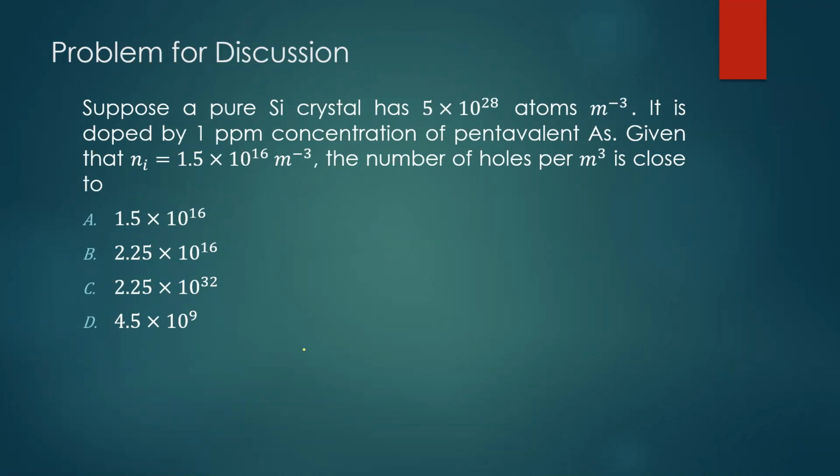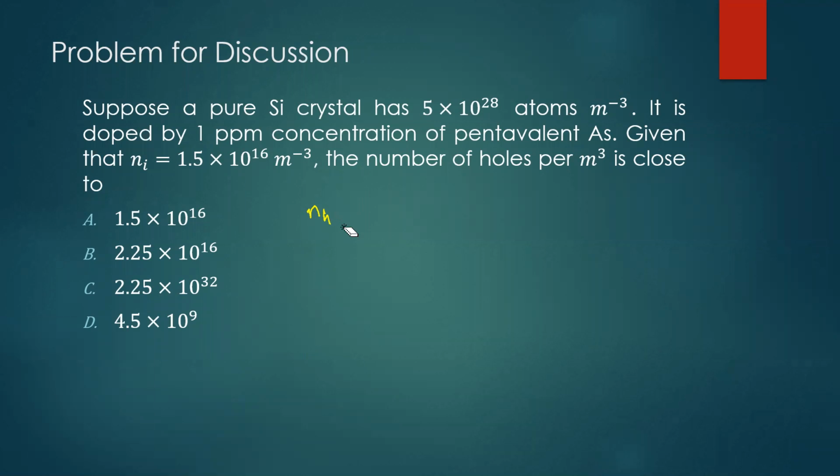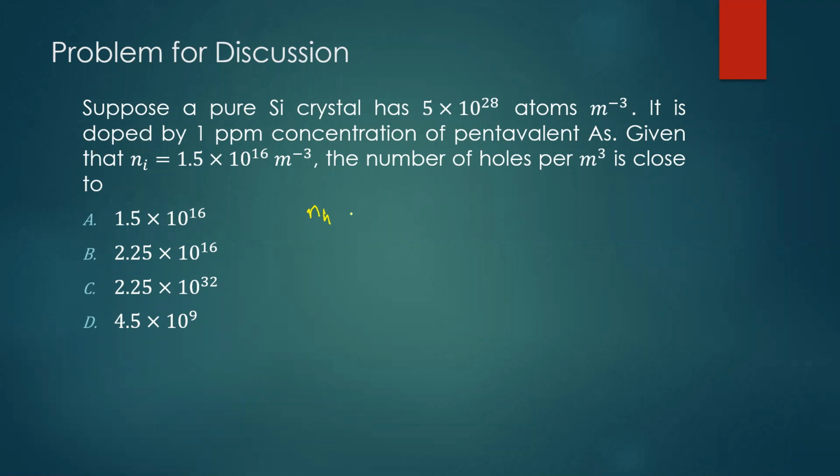Okay, so can you answer this? That's right. So here you have that result: the number of holes into the number of electrons in an extrinsic semiconductor is equal to the square of the number of free charge carriers, either holes or electrons, in an intrinsic semiconductor.